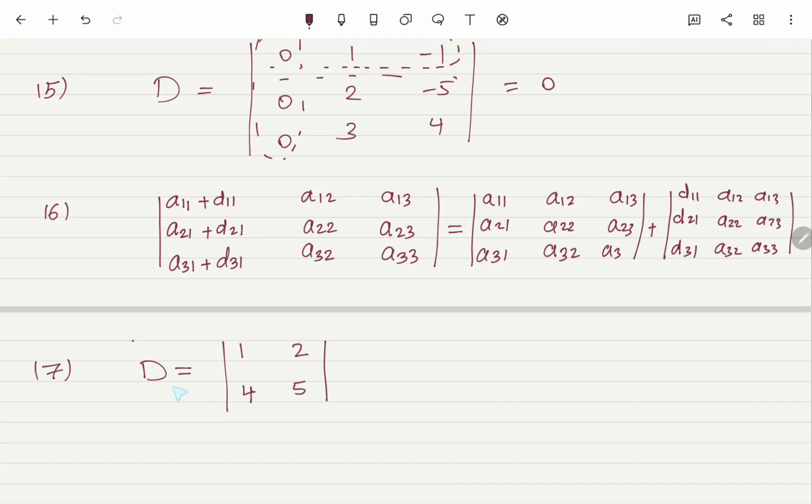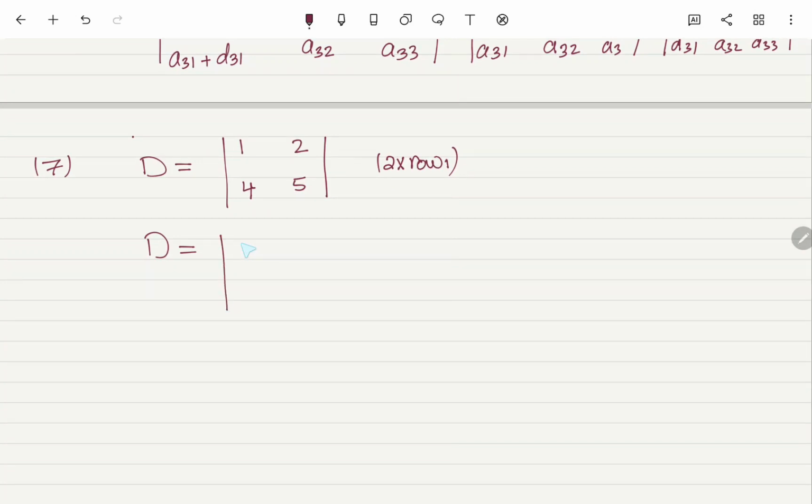we have here a determinant D, it's 1, 2, 4, 5. If we add to row number 2, 2 multiplied by row 1, in other words, D equals 1, 2, and you would like to add double row 1 to row 2. So 4 plus 2 times 1 and 5 plus 2 times 2.